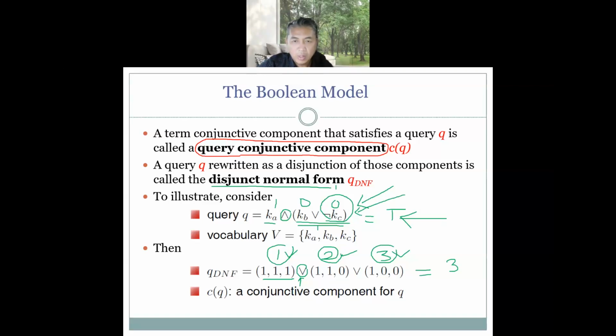For example, 111 or 110 or 100 can make your query true. So conjunctive combines the expressions using AND. Disjunctive combines the values of all the keywords using OR.